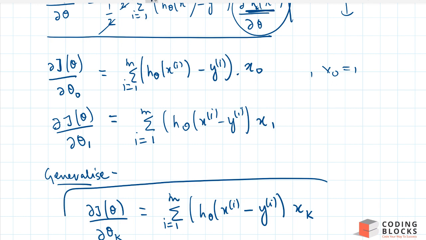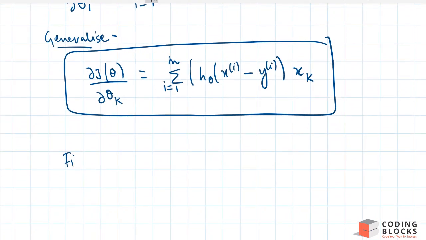So this is the gradient with respect to theta. This is what we need to do. So what our final update rule will become, we will see.